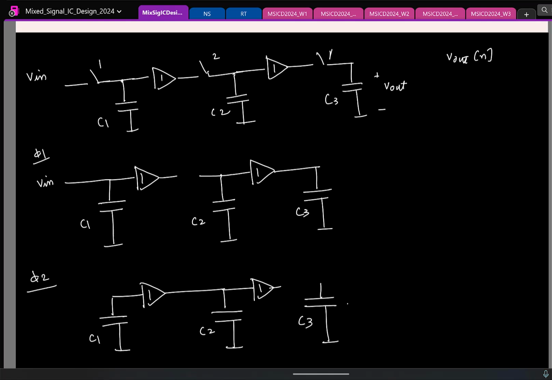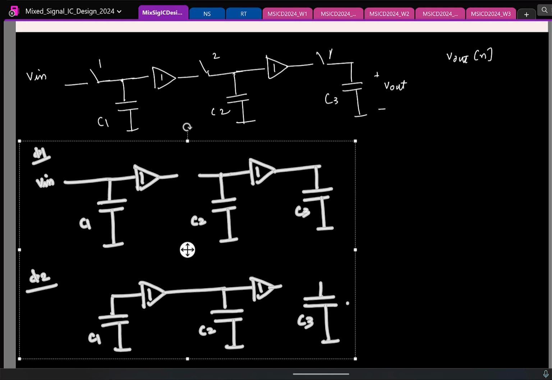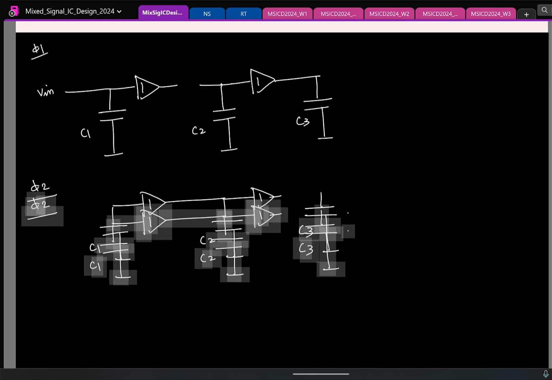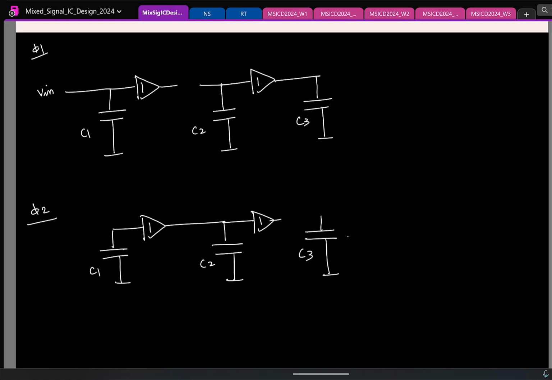Okay, this part should be trivial. Let me copy paste it. So the equivalent circuit is fine.